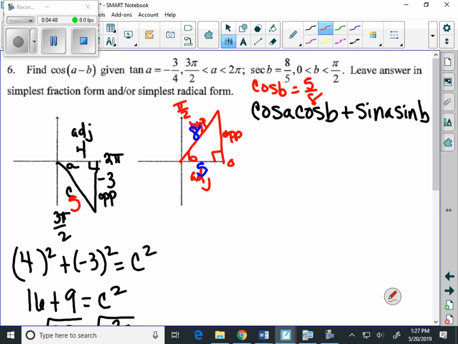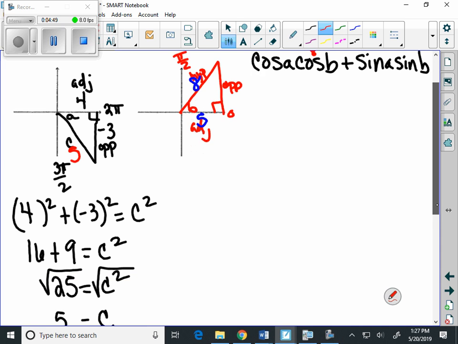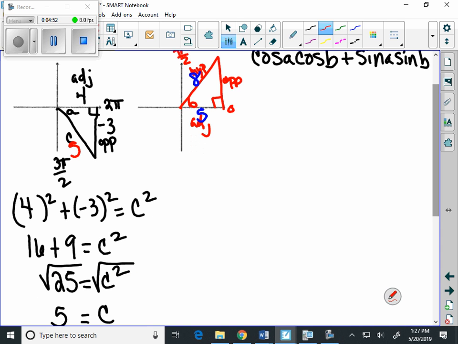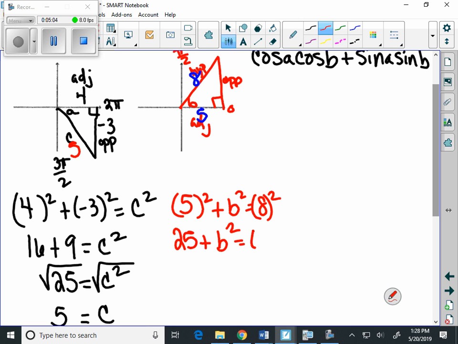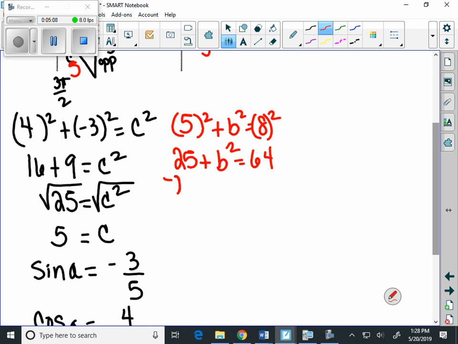And we need to find the other length. So we're going to use the Pythagorean theorem. And it's going to be 5 squared plus b squared equals 8 squared. 25 plus b squared equals 64. Subtract 25 from both sides, and you end up with b squared equals 39.